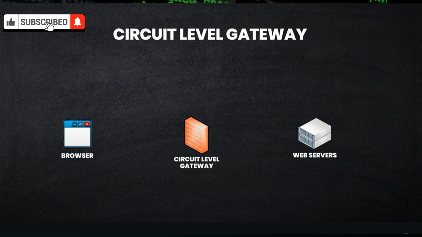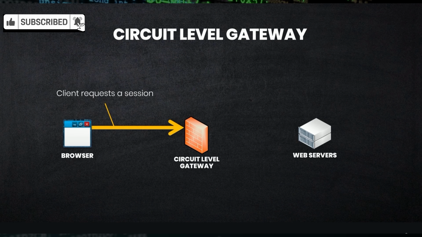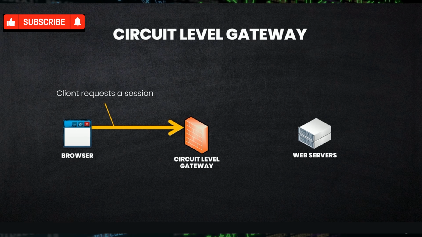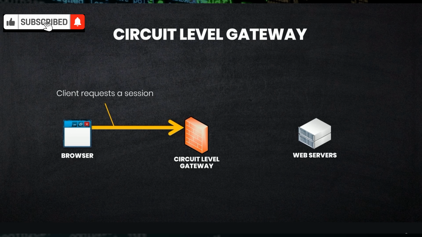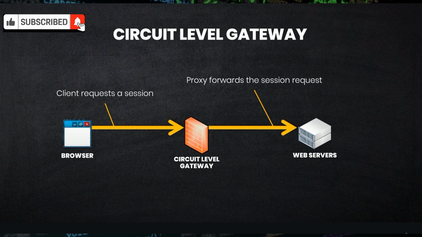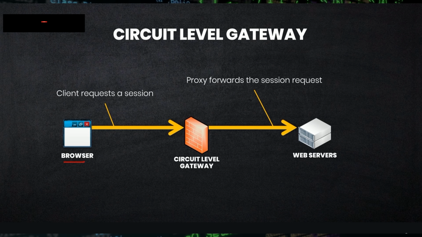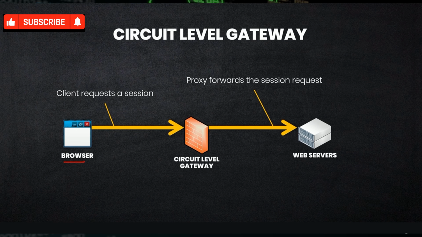So the proxy is going to forward that request. The web server is going to accept that request and say, yes, that's fine, let's go ahead. Then the circuit level gateway will respond back to the client, which is the browser, and say, okay, we can create that connection. And from this point forward, all of the communication is going to be managed right here at this proxy firewall.